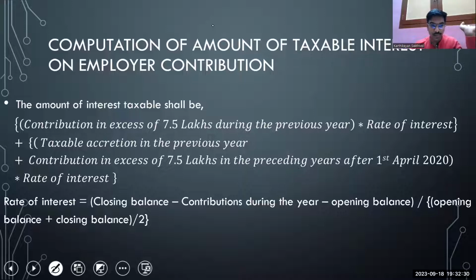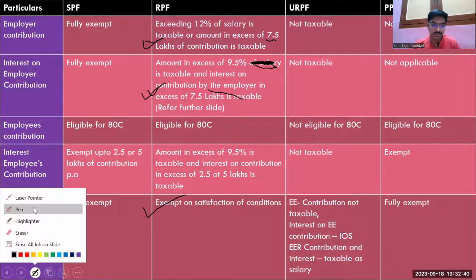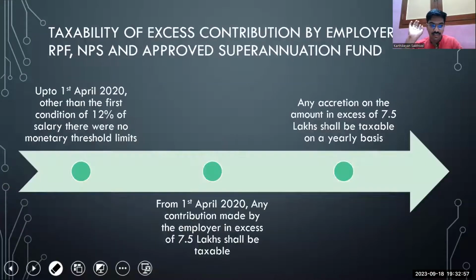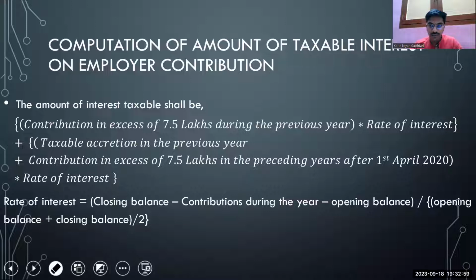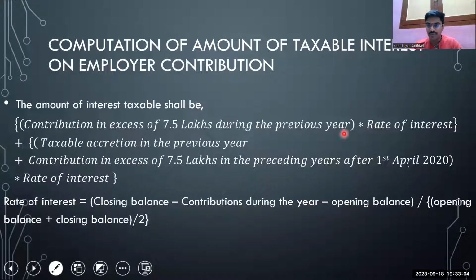Is that clear first? நம்ம ஆல்ரெடி இங்க டிஸ்கஸ் பண்ண மாதிரி the interest on contribution in excess of 7.5 lakhs is taxable அப்படிங்கிறது தான் பார்த்தோம் இல்லையா? சோ அந்த 7.5 lakhsக்கு மேல previous yearல எவ்வளவு கான்ட்ரிபியூஷன் பண்றானோ அந்த அமௌண்ட் into rate of interest போட்டா எவ்வளவு அமௌண்ட்க்கு நம்ம டாக்ஸ் கட்டணும் ஆன் இன்ட்ரெஸ்ட் நமக்கு தெரிஞ்சிரும். Is that point clear first? Yes, sir.